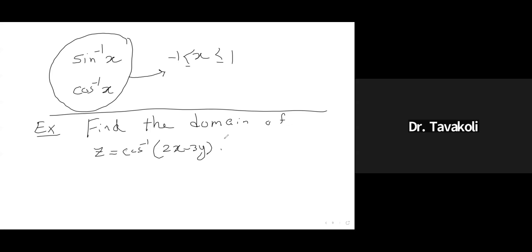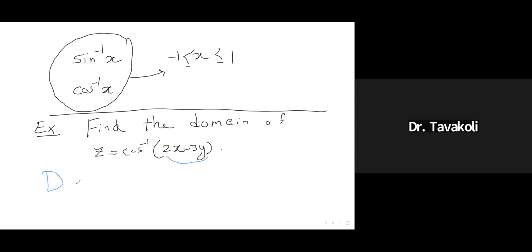So what conditions are we supposed to impose on this function so it makes sense? Here I should make sure that 2x minus 3y is somewhere from -1 to 1. So it's very simple.